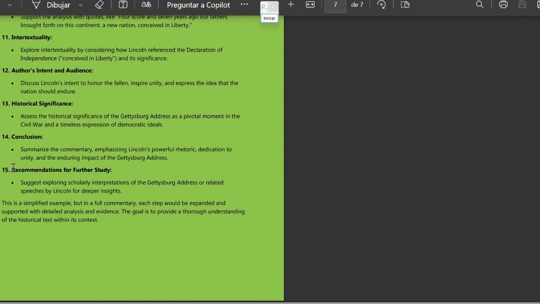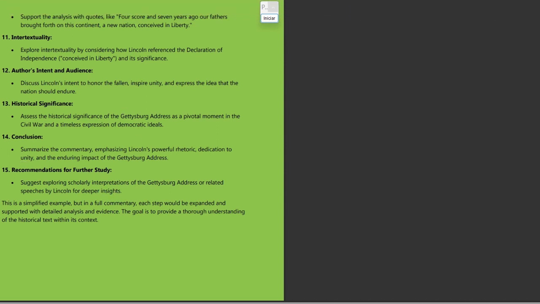To step number 15. So this is a simplified example, but in a full commentary, each step would be expanded and supported with detailed analysis and evidence.